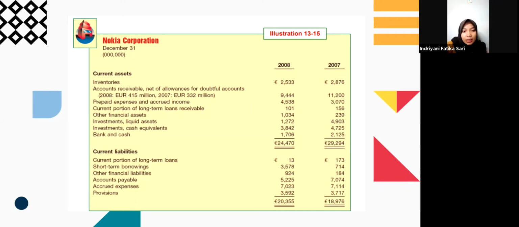And in the current liabilities: current portion of long-term loans, short-term borrowings, other financial liabilities, accounts payable, accrued expenses, and provisions.